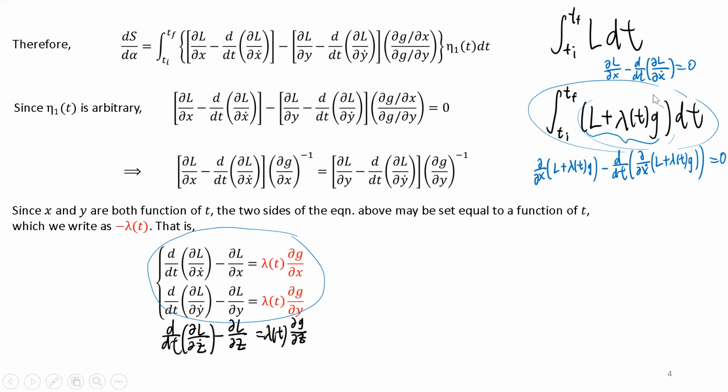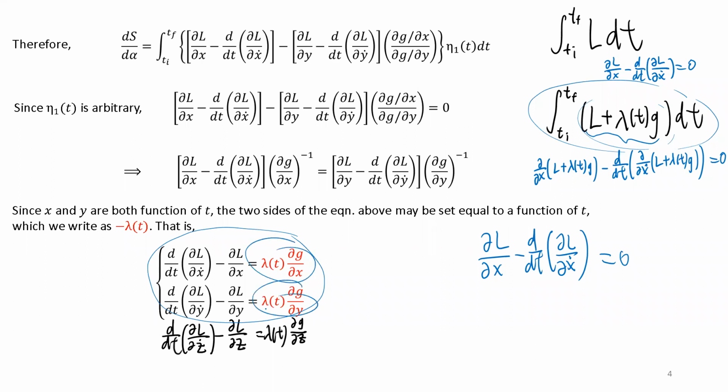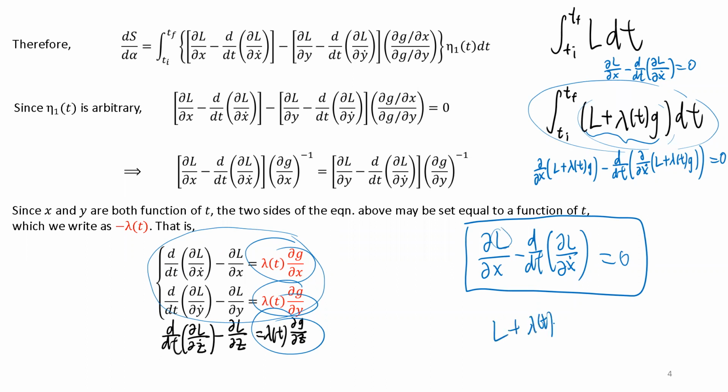Suppose you just want to remember one Lagrange equation, which is this one, and you don't want to remember these terms and the minus sign over here. You just need to remind yourself that, with the constraint, I'm not doing L, I'm doing L plus lambda t times g. So that's just another way that you can memorize this.